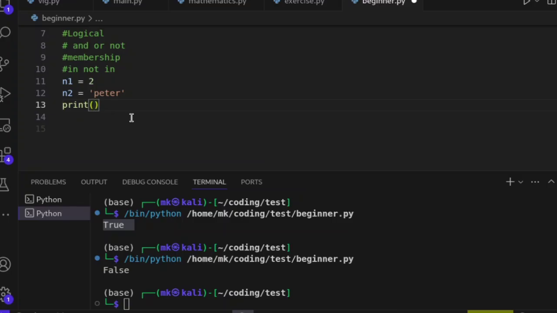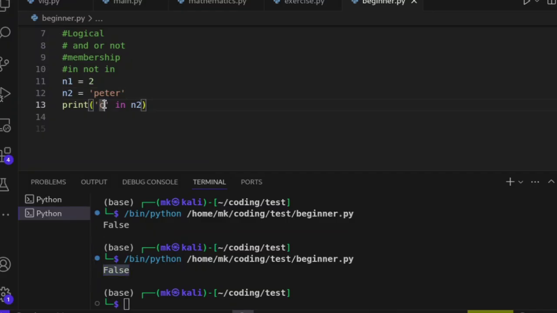Then I can say, do I have C inside N2, where we stored Peter inside N2? If yes, I'm going to see true. If no, I'm going to see false.